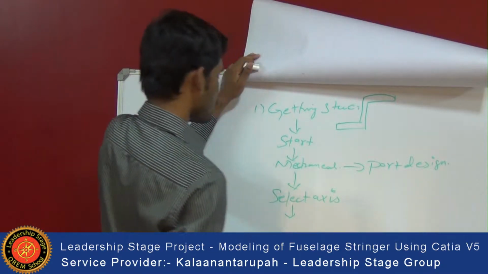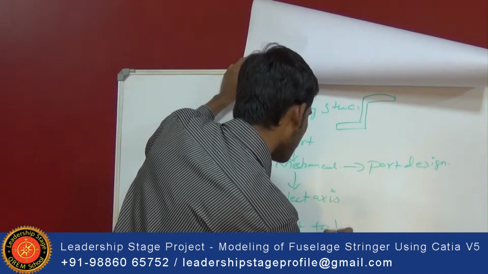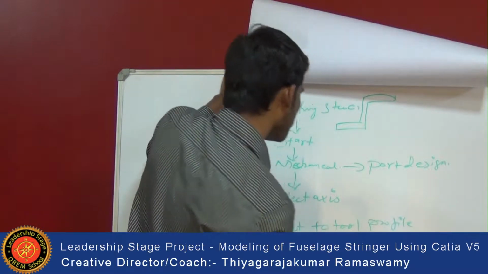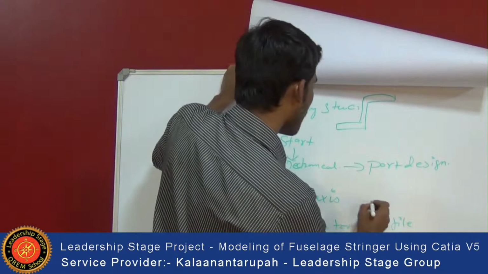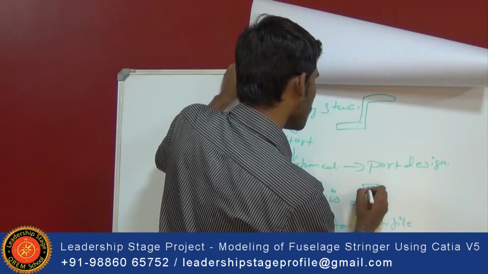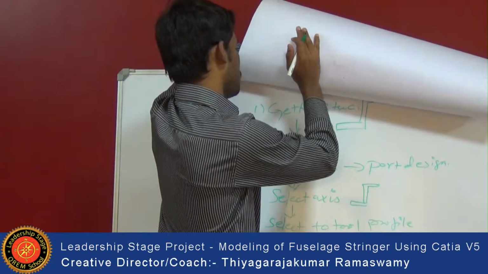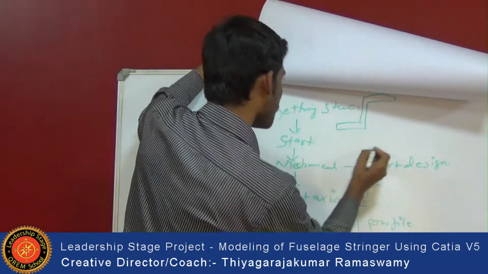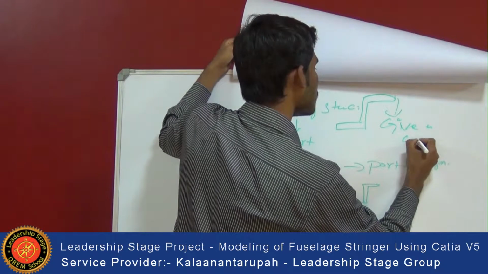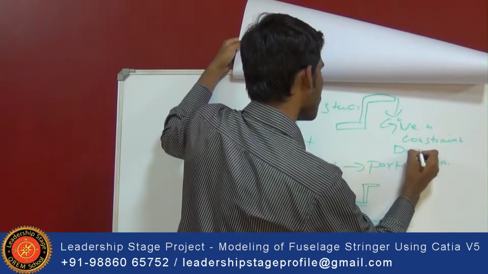After that, select a tool, the Profile tool. Using the Profile tool, you can draw the model of the stringer like this. After that, give your constraints, that is the dimensions of the stringer.